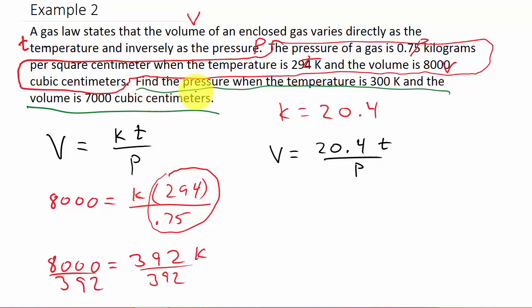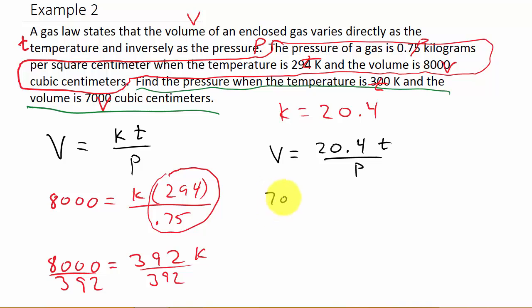And then the stuff underlined in green is what they're asking us to find: find the pressure when the temperature is 300 Kelvin and the volume is 7,000 cubic centimeters. Here you can see they give us the temperature T and the volume, and we need to solve for P. Alright, so let's go ahead and do that.